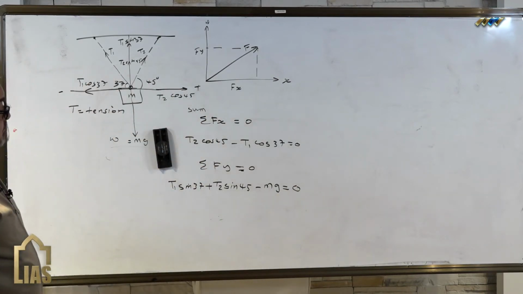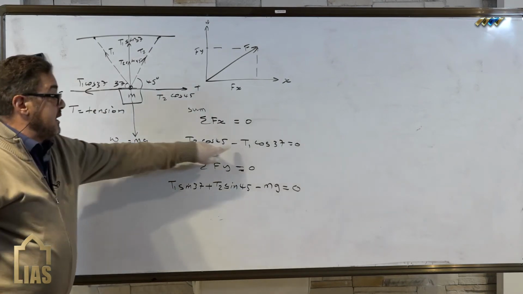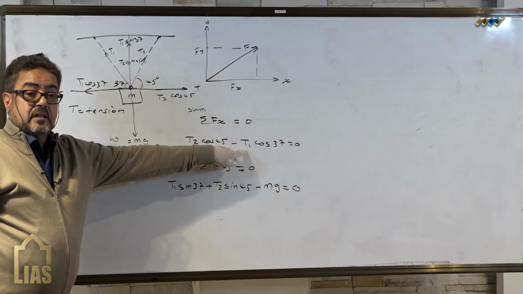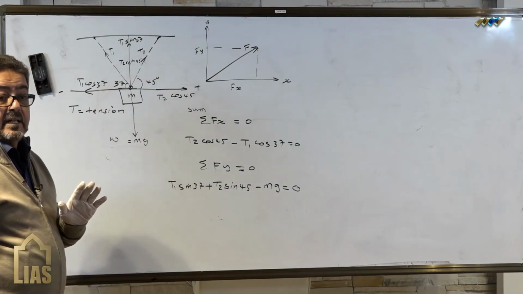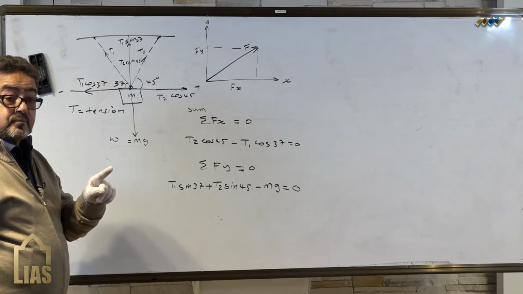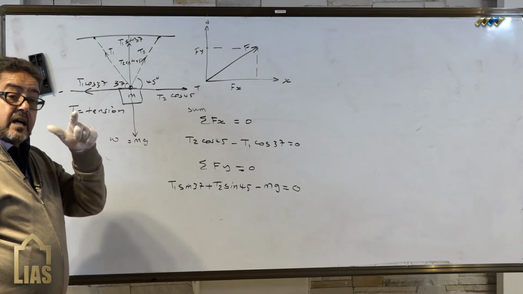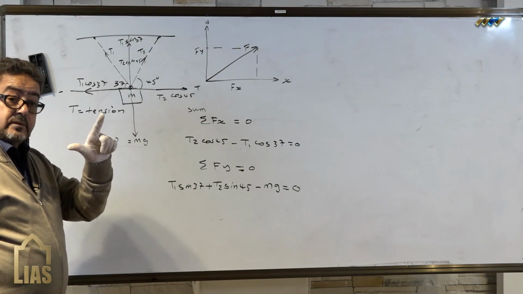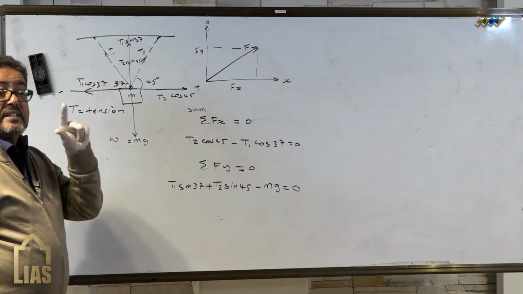For T1 and T2, if we have one unknown, we have one equation. If we have two unknowns, we have two equations. Three unknowns, three equations.